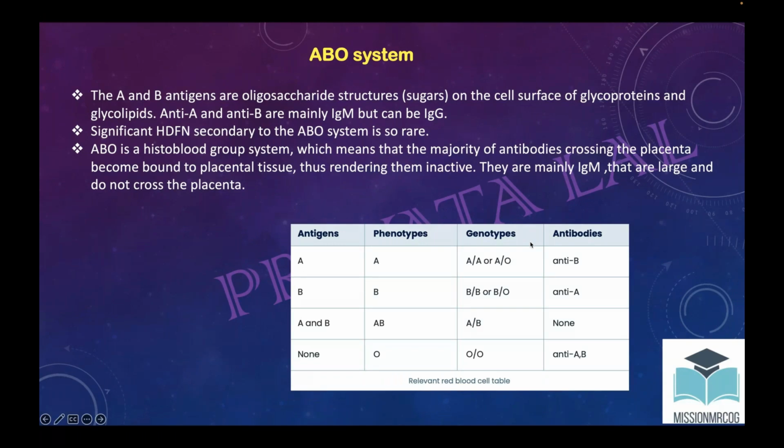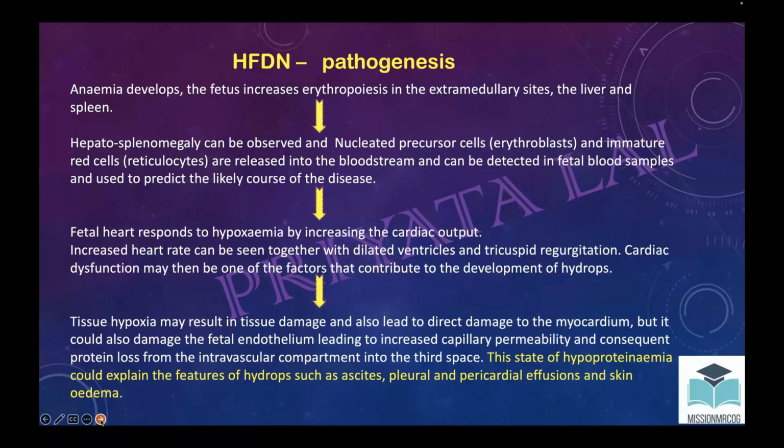Now, what is a necessary thing now? So what is usually a hemolytic fetal disease of newborn? Why are we so much worried about it? Actually, what happens is that the antibody is there in the mother's blood and the baby has the antigen, and if this antibody crosses the placenta, there would be an antigen-antibody reaction in the fetus.